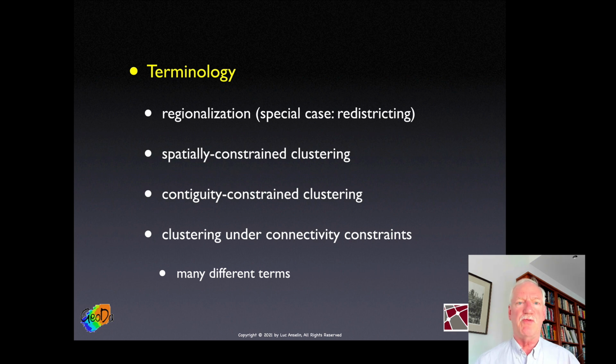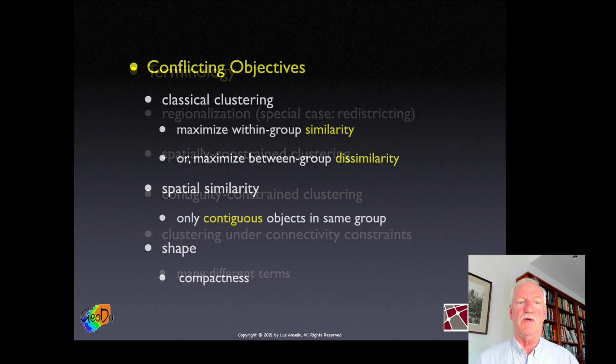They're known as regionalization. A special case is redistricting, spatially constrained clustering, contiguity constrained clustering, clustering under connectivity constraints. It's all about the same thing. How do we group similar objects, which is what we've been doing all along in this clustering analysis, and make sure that they are also spatially contiguous?